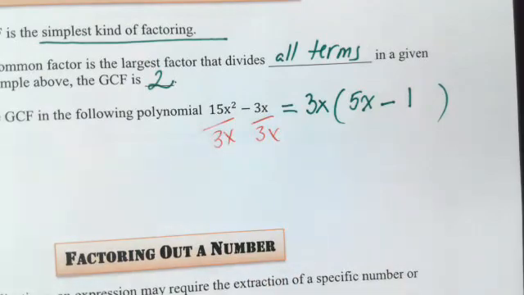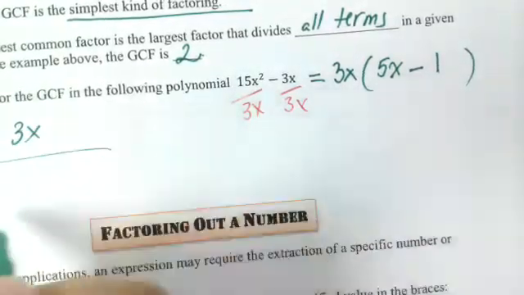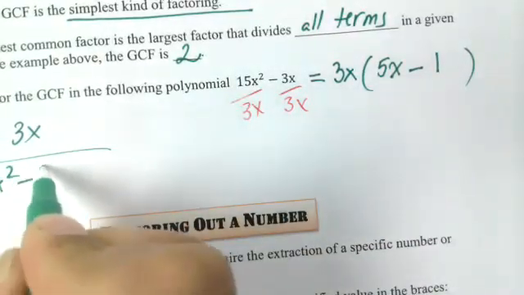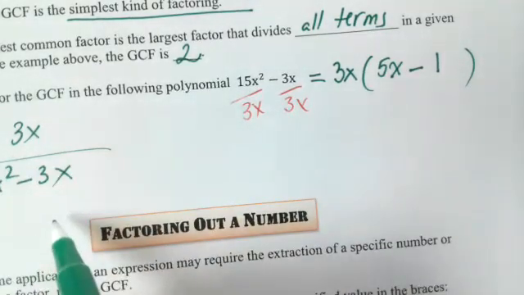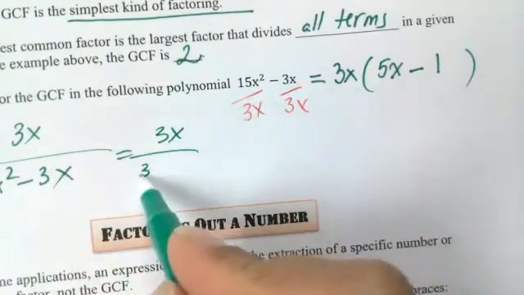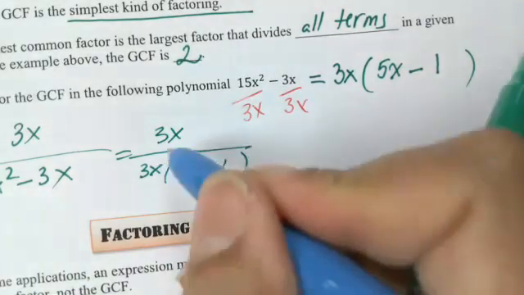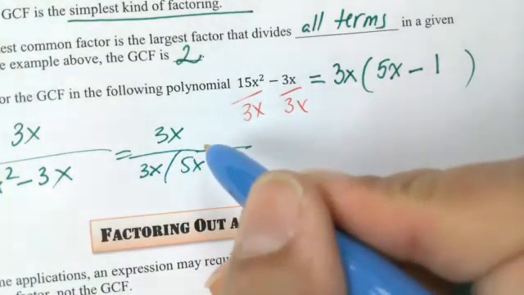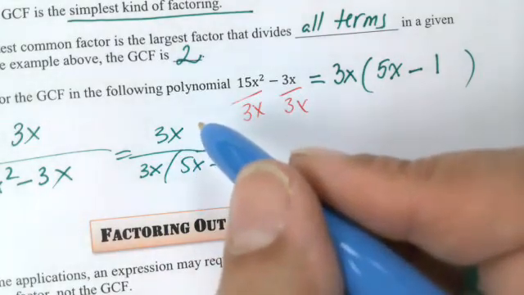Now, you may think, why do I need to know that? Because when you have a fraction, for example, like this 3x over 15x squared minus 3x, and you want to simplify it, okay? 3x at the top, and then we already saw that 3x is the common factor, 5x minus 1. Now, the only way you can cancel things top and bottom in an expression is if you have multiplication.